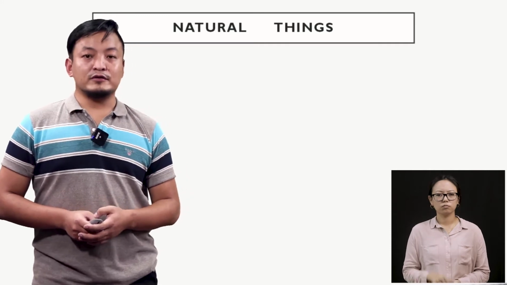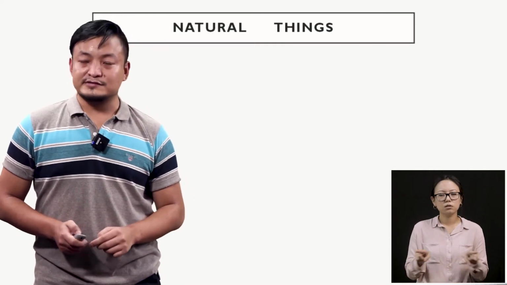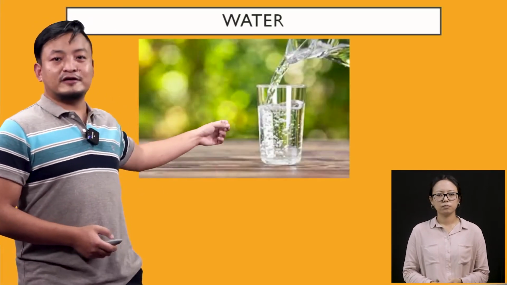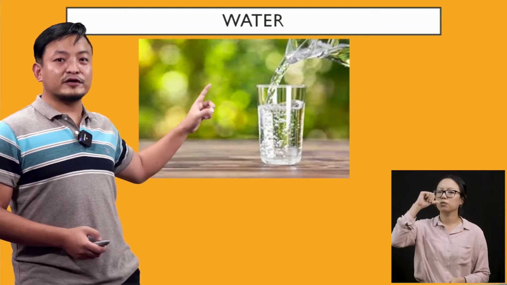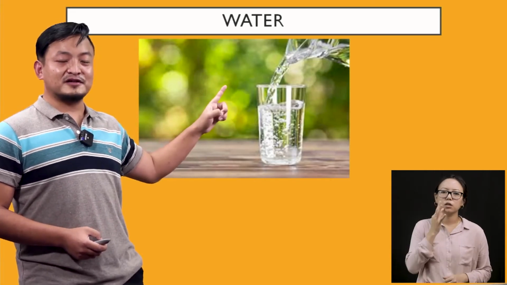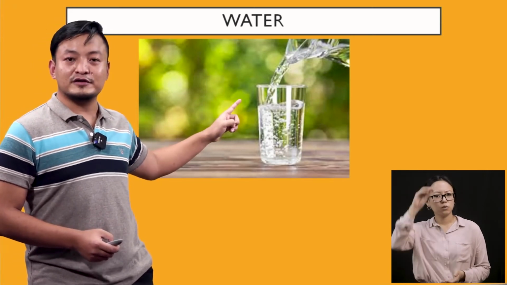So are you ready? We are going to see examples of natural things. So here we see water. Okay, you know how water is important? We have learned in our previous chapter that we should drink plenty of water.